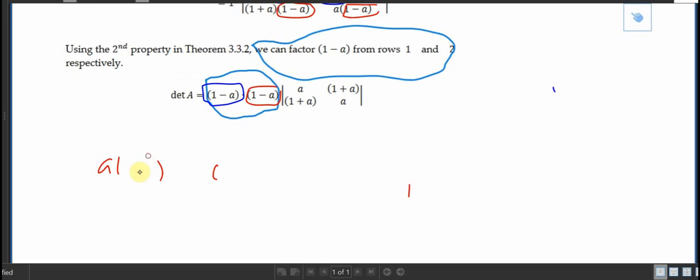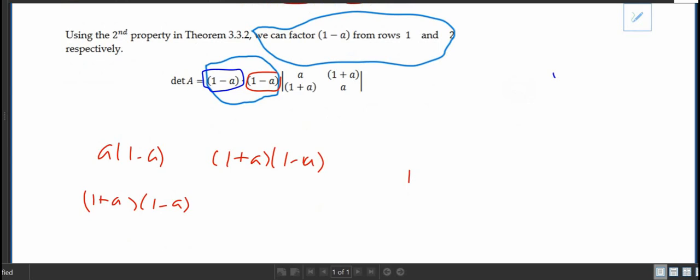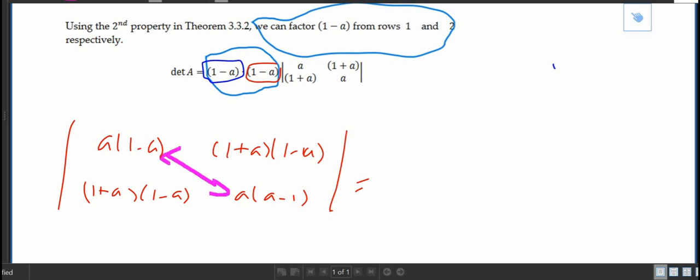Let me write it the same way: 1 minus a, 1 plus a, 1 minus a, 1 plus a, minus a, and it's 1a, 1. If we want to determine that, that's a 2 by 2 matrix, okay? We multiply these together, okay?